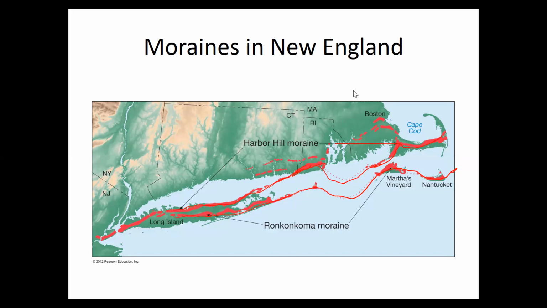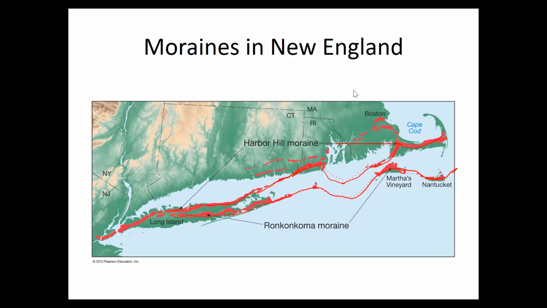You can see the moraine goes up through here, all through southern Rhode Island. And then it's submerged there. And you can see this is the same moraine up here. It forms these islands. It comes up here and it forms the backbone of the Cape.